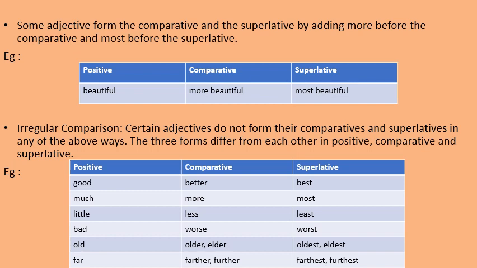Next, bad, worse, worst. Next, old changes into older and elder in the comparative form, and oldest and eldest in the superlative form. And far changes to farther and further, and the superlative farthest and furthest.